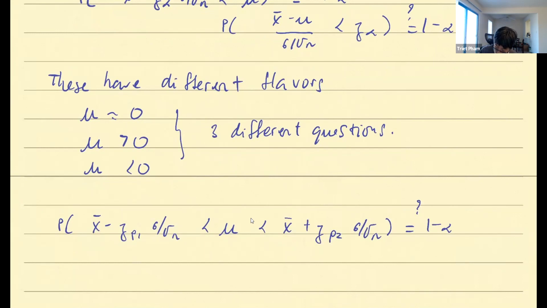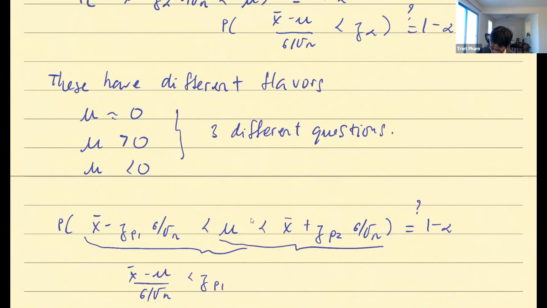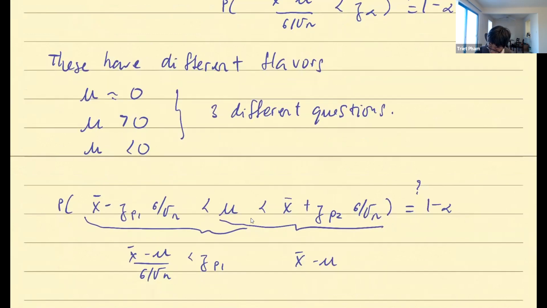So let me convert them. This will mean x bar minus mu over sigma over root n is less than z_p1. This means x bar minus mu over sigma over root n is bigger than minus z_p2.